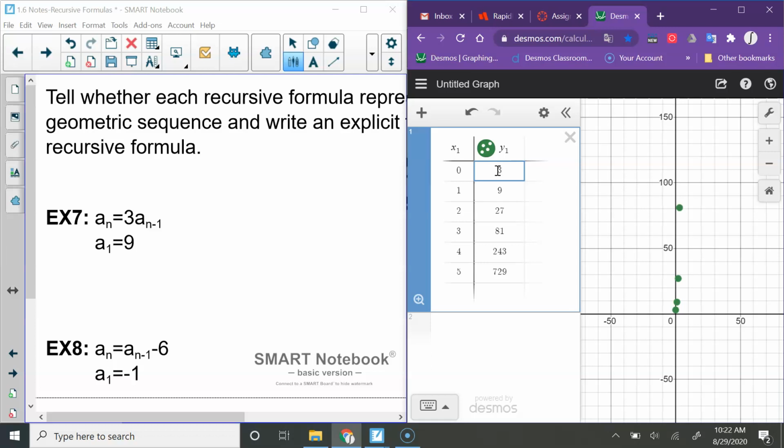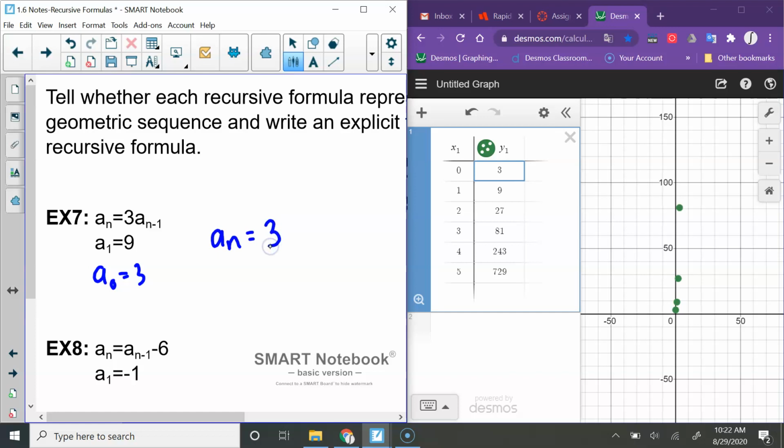So the IXL is going to do this on pretty much all of the problems. It's going to give you a sub 1, so you have to go backwards to get the a sub 0 there. So our formula is going to be a sub n equals, our a sub 0 is 3 times 3 to the n power. So it'll be an exponential formula.